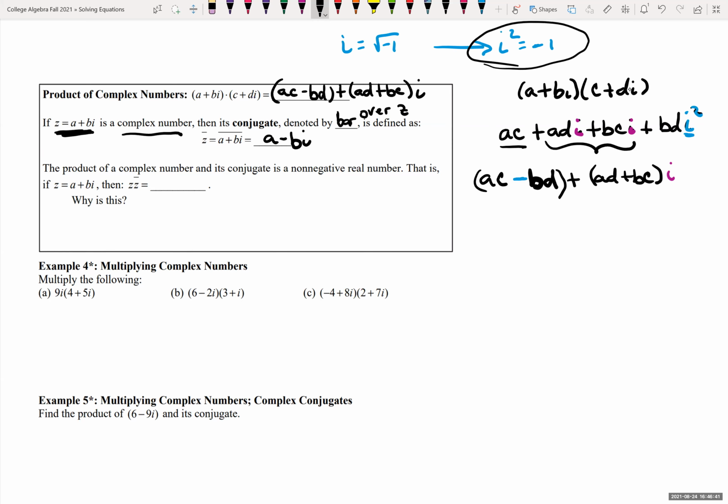That is, if z equals a plus bi, then z times z bar is equal to what? Well, let's show it. If z is equal to a plus bi, we know z bar is equal to the conjugate. So we have a plus bi all times a minus bi.